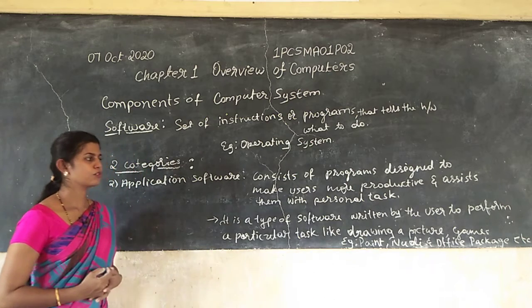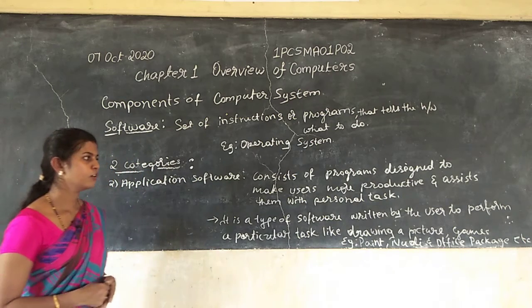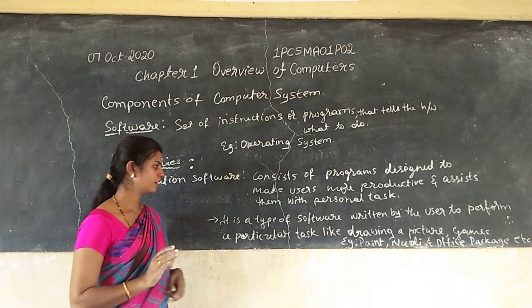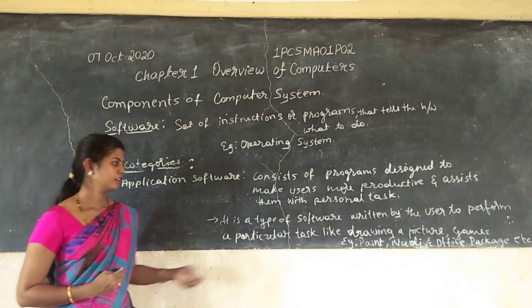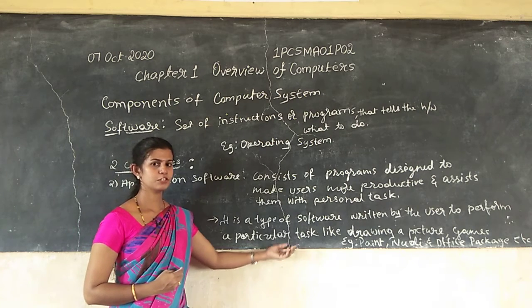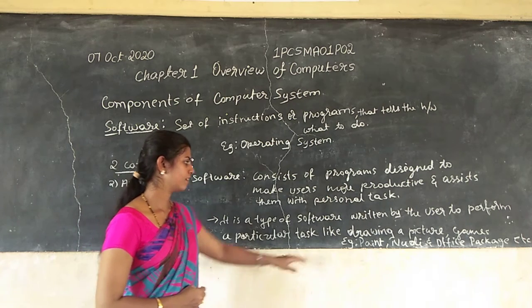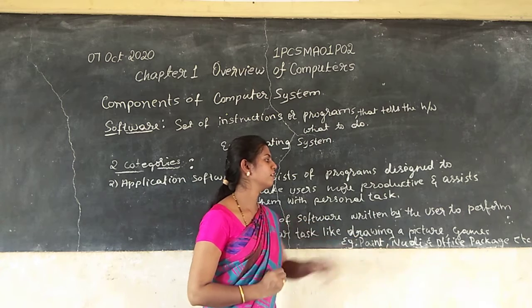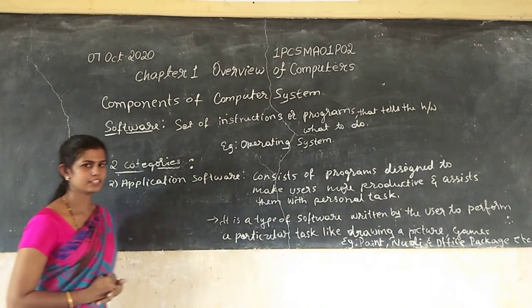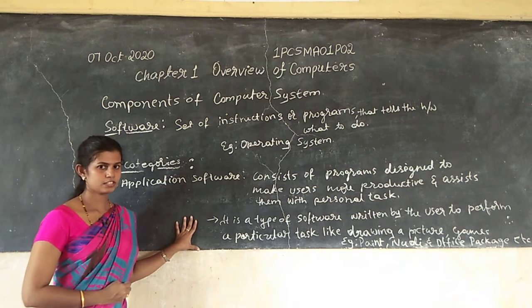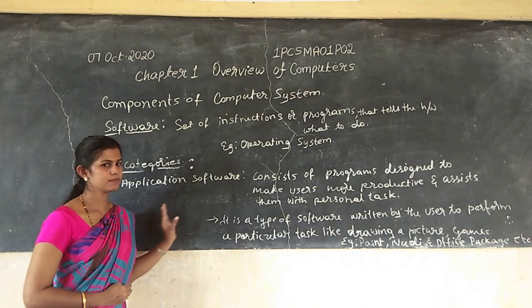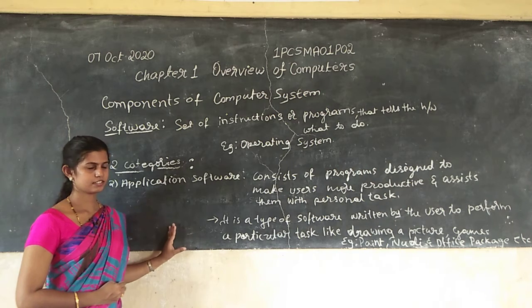It is a type of software written by the user to perform some particular task, like drawing a picture or playing a game. For example, WhatsApp, Paint, Nudi and some office packages, etc. It is the program which is written by the user to perform some particular task.